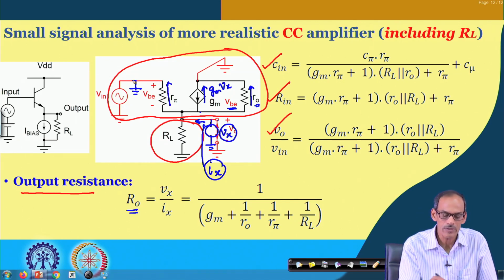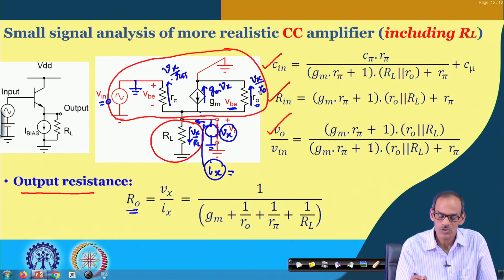Since this is AC ground, Vin is 0, so this current is again Vx divided by rπ. Likewise, the current flowing through this branch is Vx divided by RL. So the total current Ix is actually the summation of all these 4 currents.